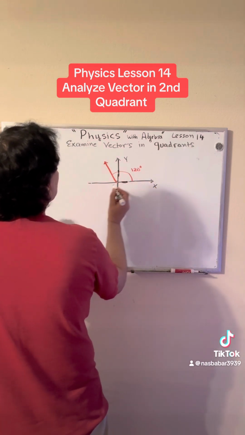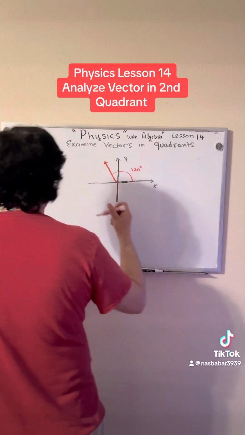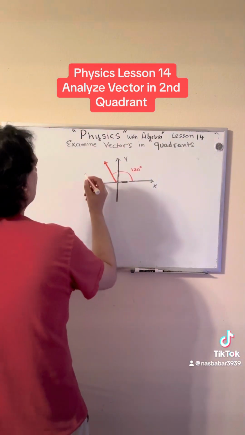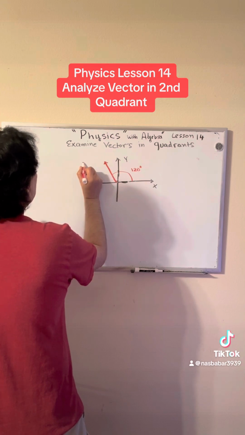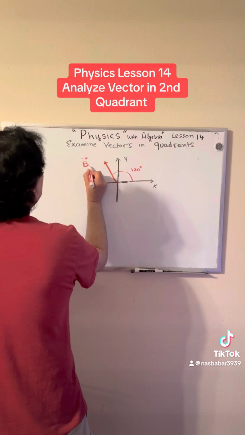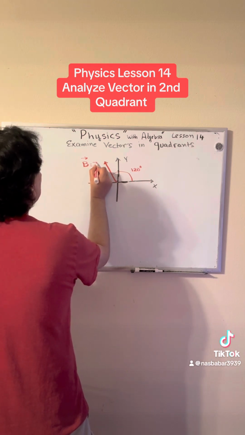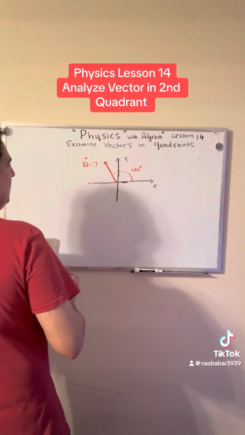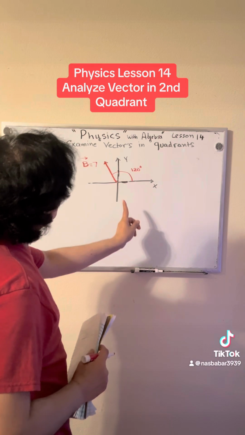So you've got the x-axis, you've got the y-axis, and then we drew a vector which we can call, let's call it b, vector b. The length of this vector is 7 meters. When I say length, I mean the magnitude of this vector is 7, and this is the direction it's going.